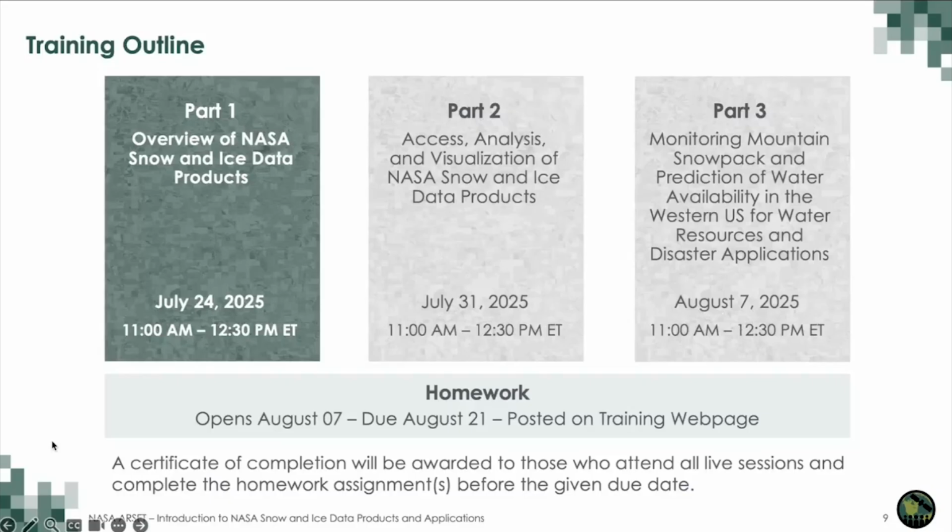There will be one homework at the end of this training. It will open on August 7th at the end of the training, and it is due on August 21st. The homework will be posted on our website. A certificate of completion will be awarded to those who attend all live sessions and complete the homework assignments before the given due date.